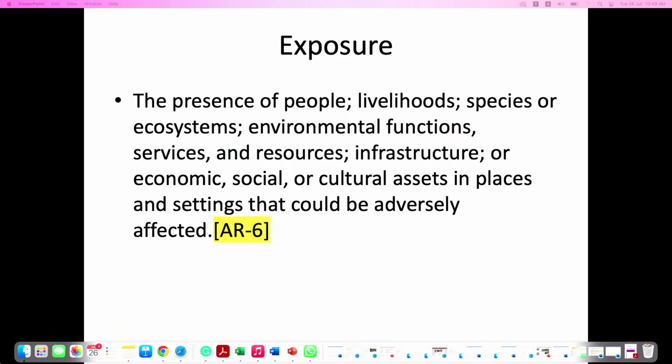So in a nutshell, I have told you about hazard, exposure, vulnerability. Then there are a few more terms, impact and risk. Risk is a little bit complicated, so I will give you the definition later on, but let me ask: what do you mean by risk anyway?